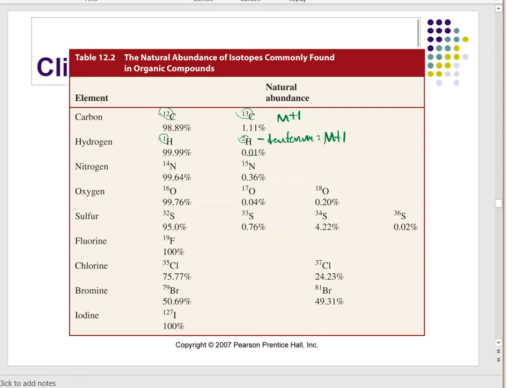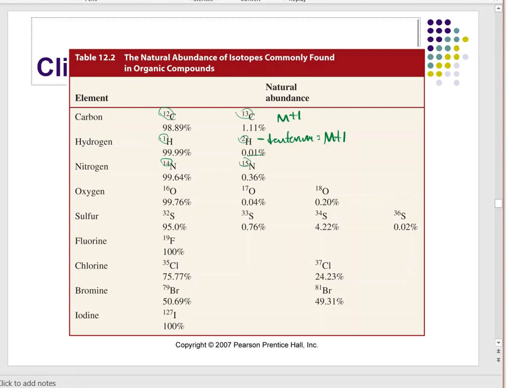But look at this. 0.01% of the time. Give me a break. We're not even going to worry with it. Compare that to carbon at 1% of the time. Well, we're going to see that line on the spectrum. But if this deuterium shows up 0.01, we're not even going to see the line. It's going to be so small. So this, we just kind of pretend like it doesn't even contribute to the M+1 peak because the percentages just aren't there.